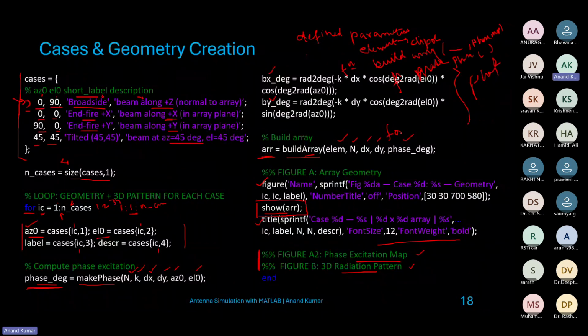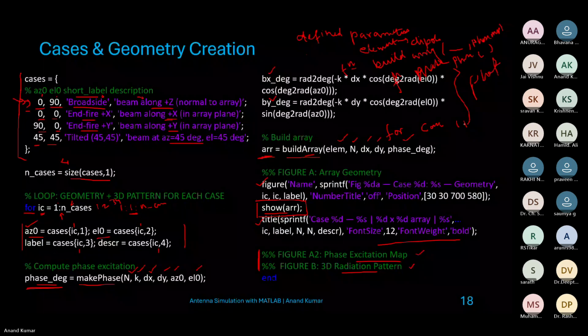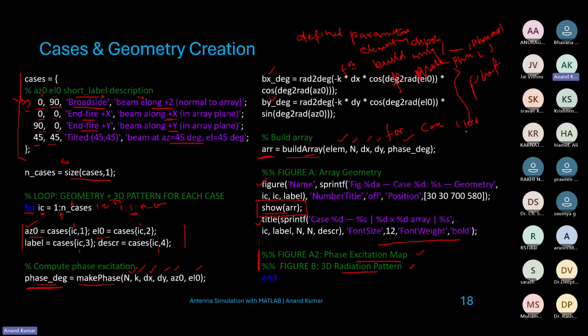So we are solving it for case 1 to 4. And each case, what we do is we get the parameter values, then send it to make phase. Make phase gives us the phase, and then we call build array.